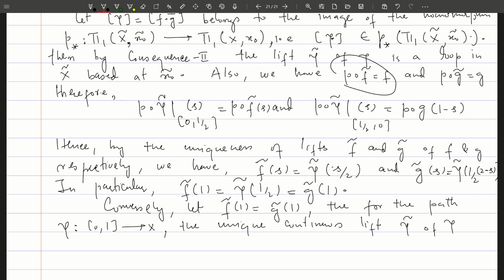Now we have to prove this. The homotopy class of gamma is in the image of the fundamental group of x tilde based at x naught under the map p star.